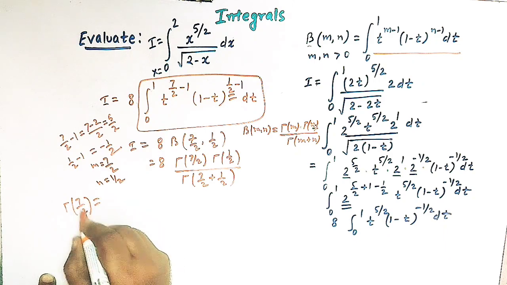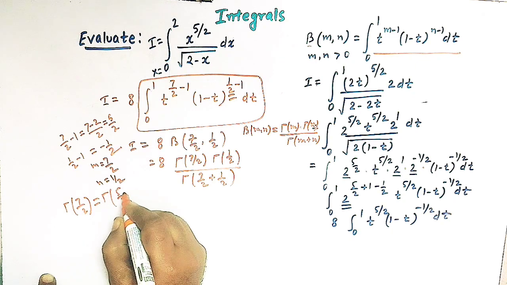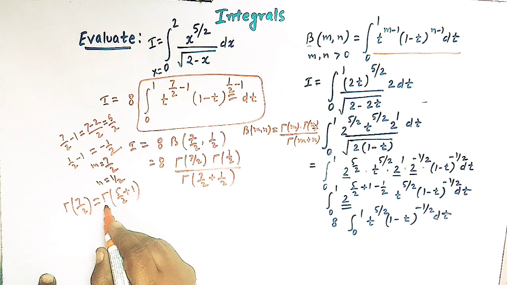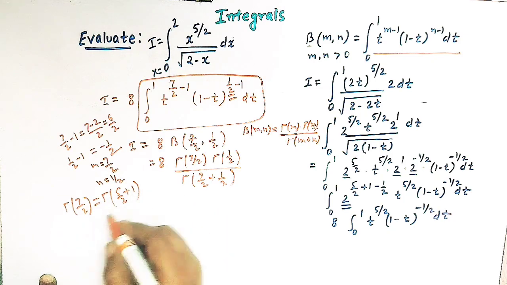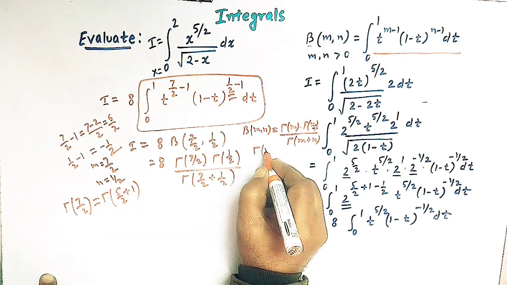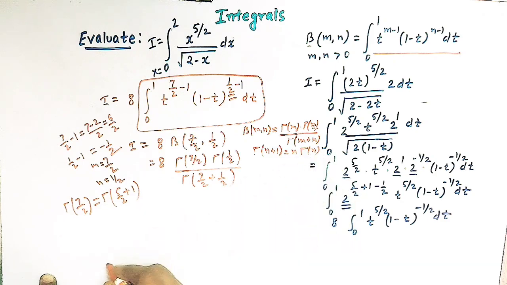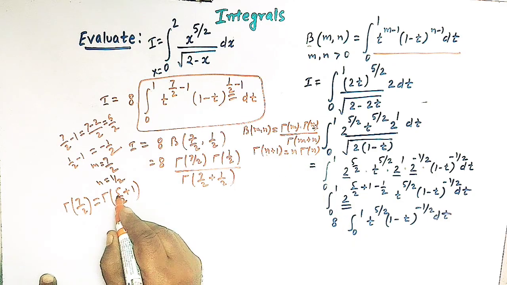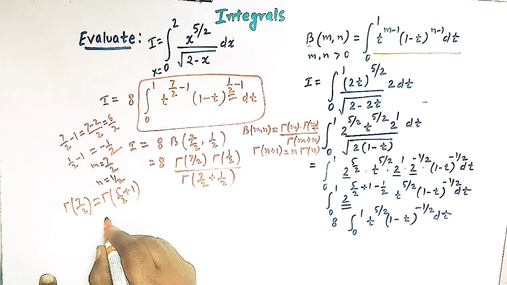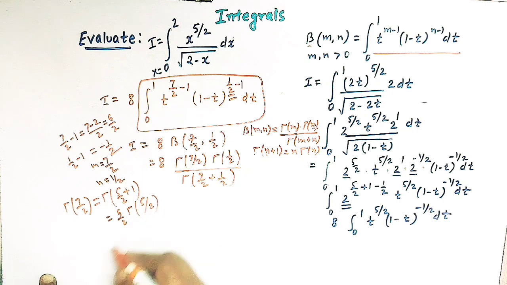Now gamma 7 over 2 can be written as gamma 5 over 2 plus 1. And here we'll again make use of an important result, that is gamma n plus 1 is given by n times gamma n. So here the value of n is 5 over 2, so we can now write 5 over 2 times gamma of 5 over 2.